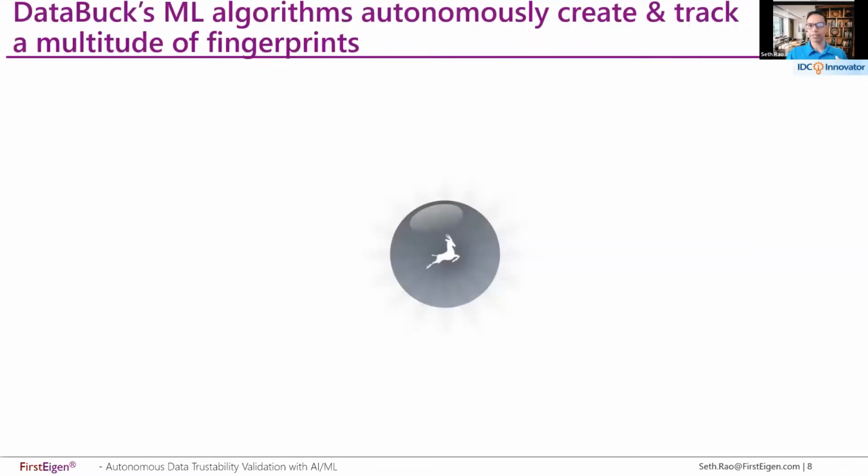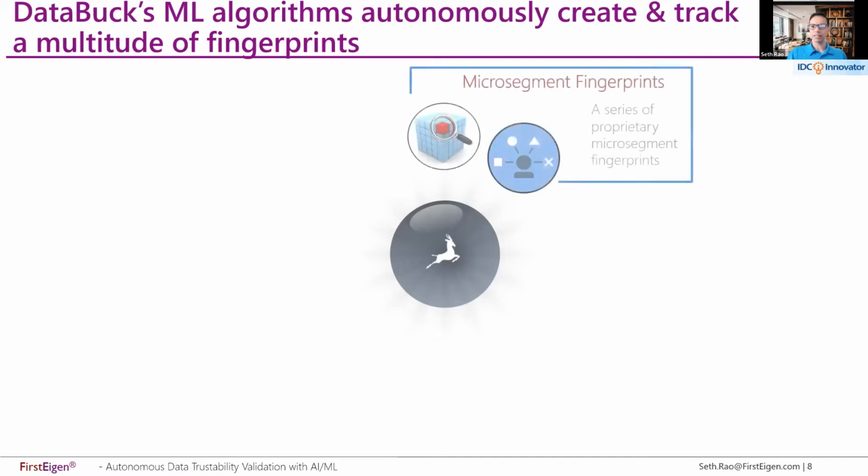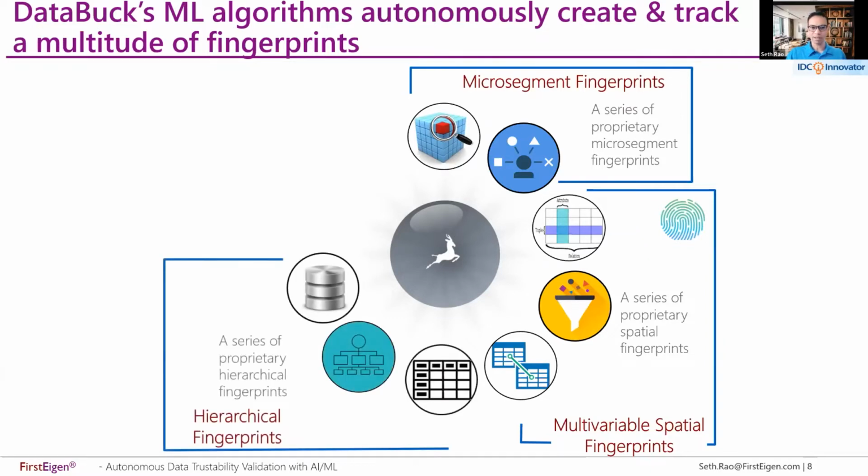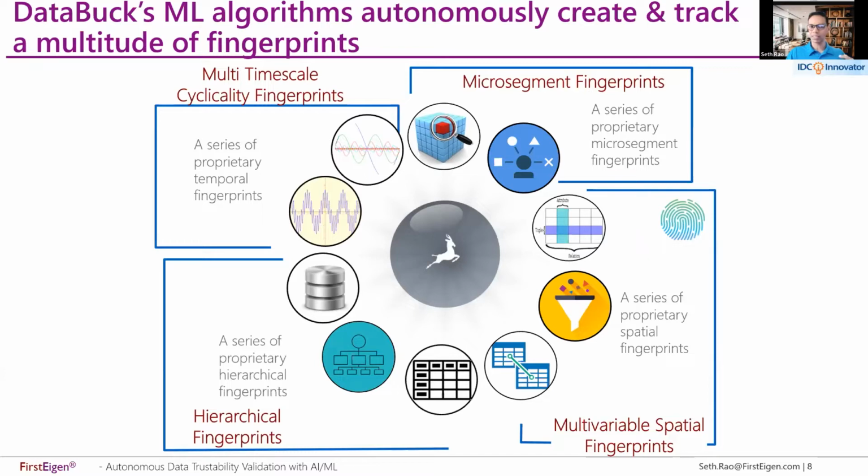So what is this thing called fingerprint? We have machine learning algorithms that autonomously track and create multiple fingerprints. The software automatically recognizes the microsegments within your data, and for each of those microsegments, it creates fingerprints. It also creates multivariable spatial fingerprints, microsegment fingerprints, hierarchical fingerprints, and multi-time cycle cyclicality fingerprints.